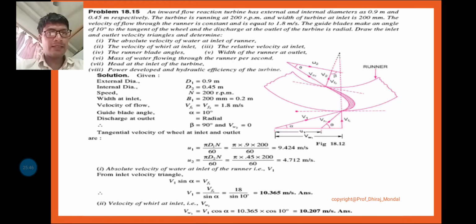So V1 is equal to Vf1 by sine alpha, that is equal to 1.8 by sine 10 degree. So that is equal to 10.365 meter per second.